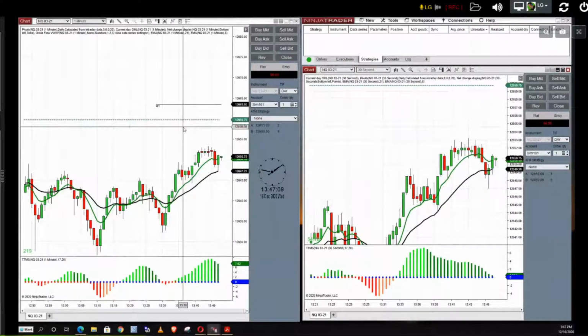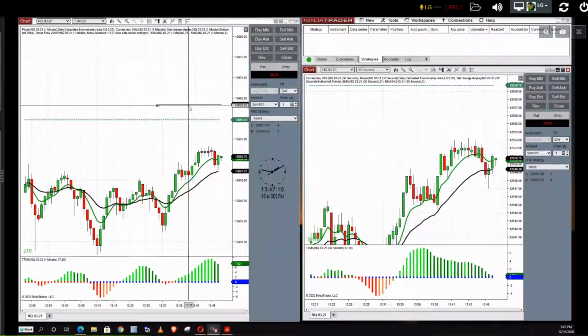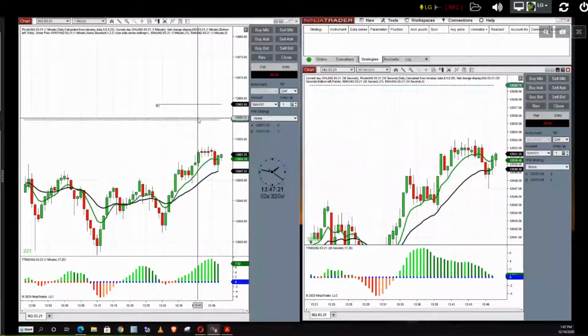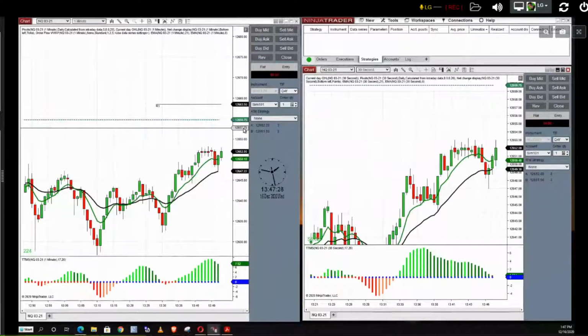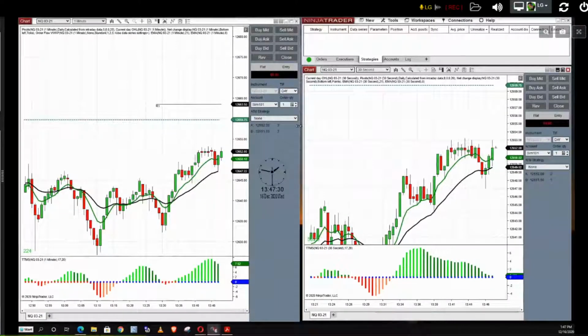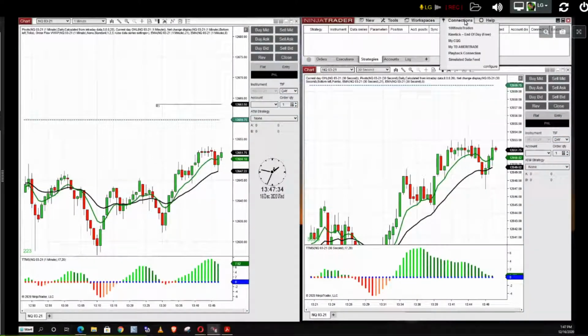If I got a move up to R1, in between R1, I mean, honestly, folks, if it goes to the high of the day, that's where I'd like to take a reversal. But if it goes there before the report comes out, then I would be really careful about not doing it.